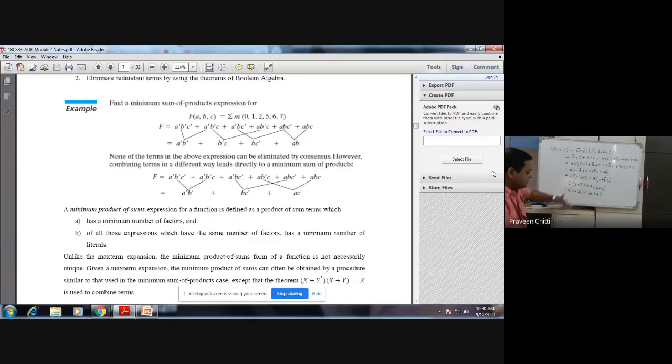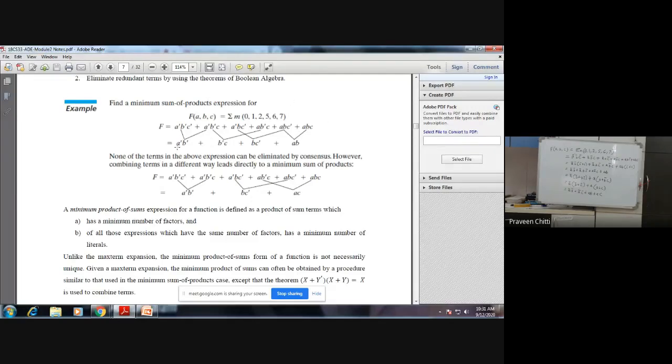Still you can simplify it further. One example, the simplest, I have shown on the screen: this is what we got from the first one, A bar B bar plus AB plus BC.